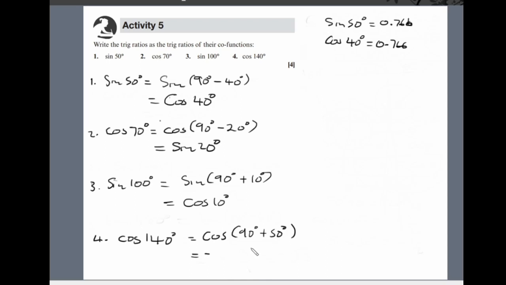So it is the same as minus sine 50. To prove this, I press cos 140 and it's minus 0.766. Then we press minus sine 50, and it's also minus 0.766. Therefore, these are cofunctions, and we are done.